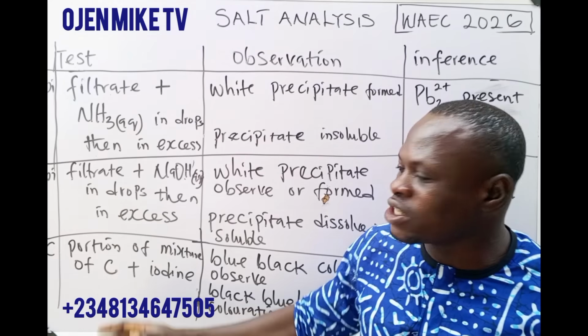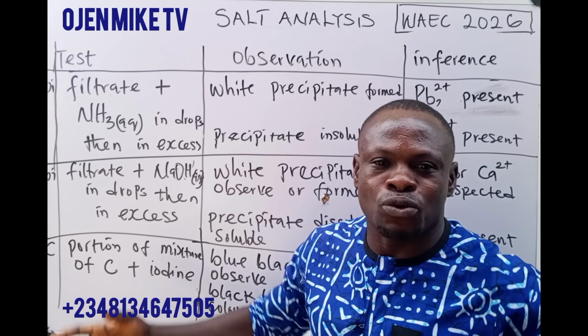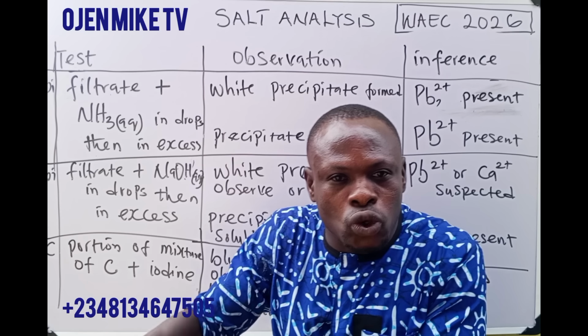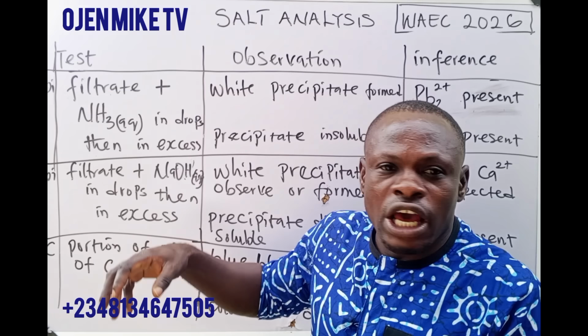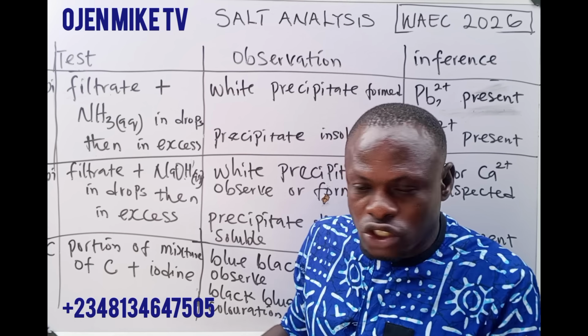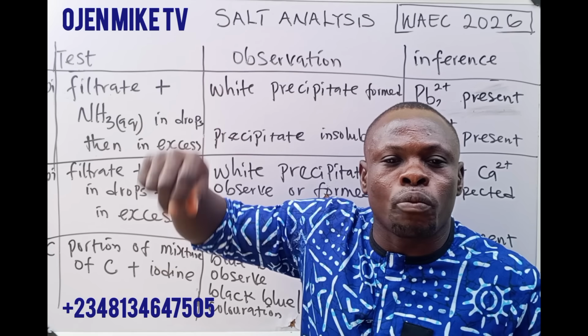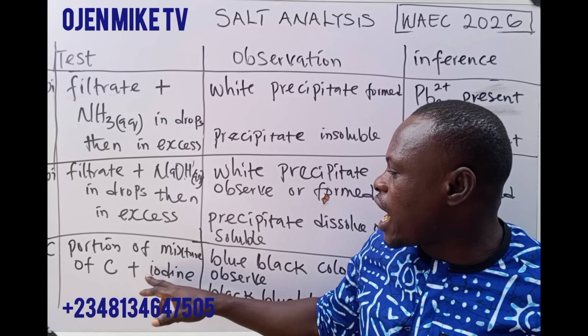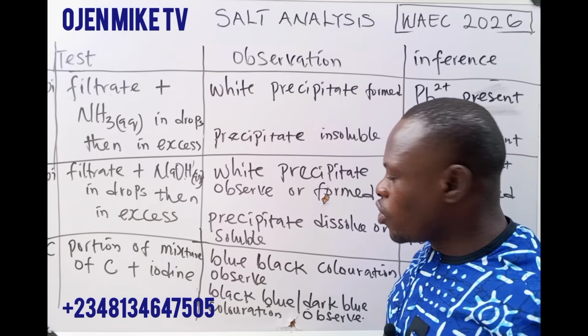Do you get that? Then of course, the iodine test for starch will always be present. Take a portion of the mixture. They will not ask you to use the solution you have already treated with acid, because it doesn't work like that. They will ask you to pick the mixture, dissolve it in water, and add iodine to it. Of course, starch is present.